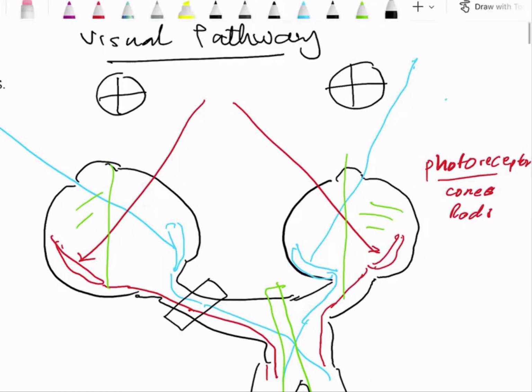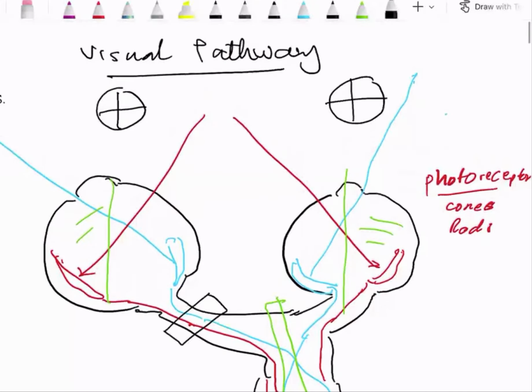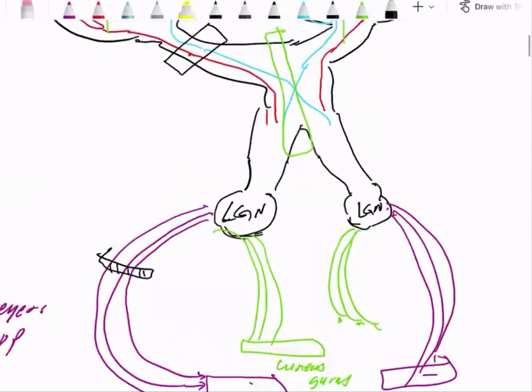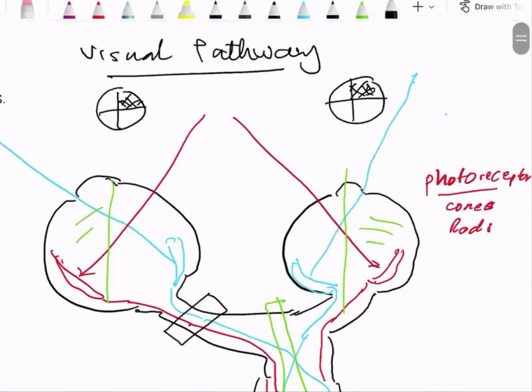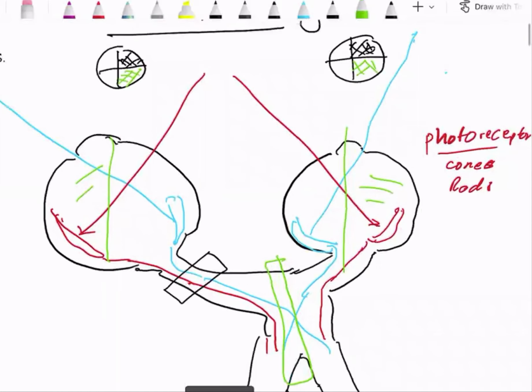In this case, it will be the upper superior homonymous quadrantanopsia. If we knock out the superior radiation here, then we are going to have inferior homonymous quadrantanopsia.